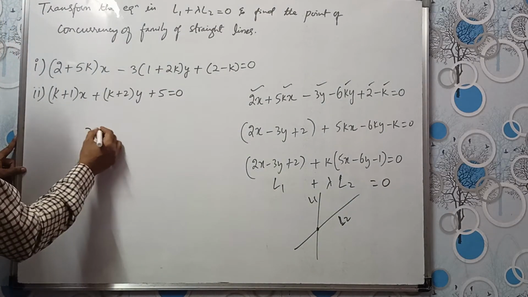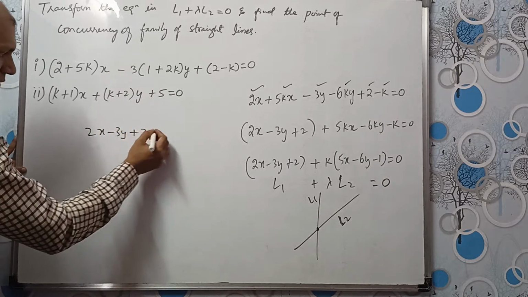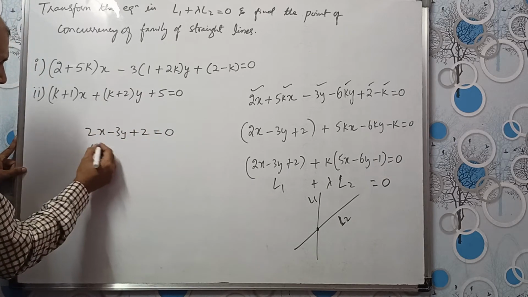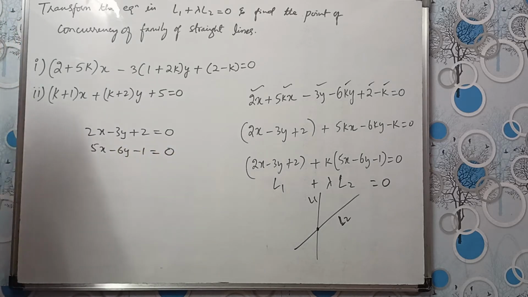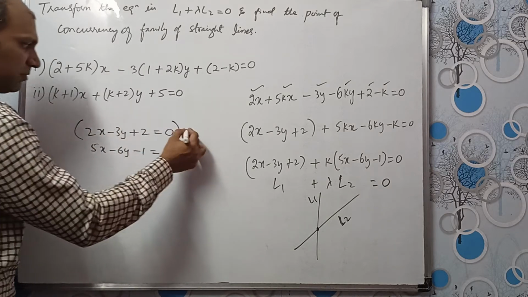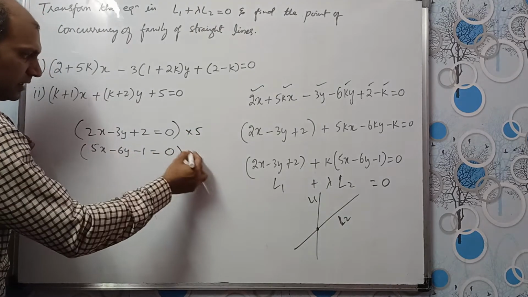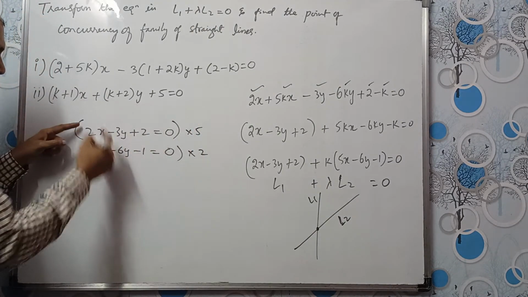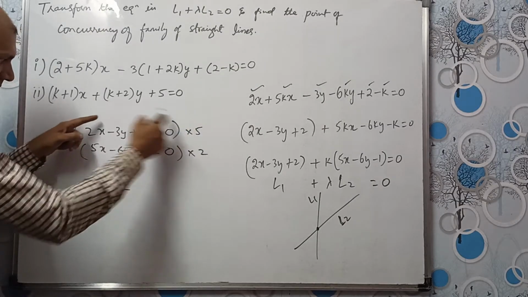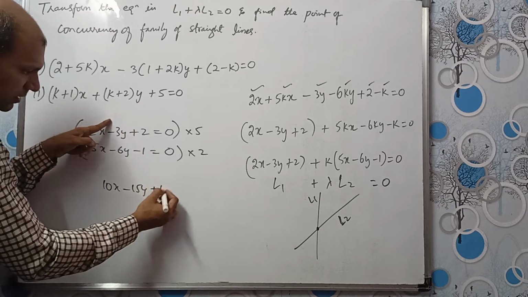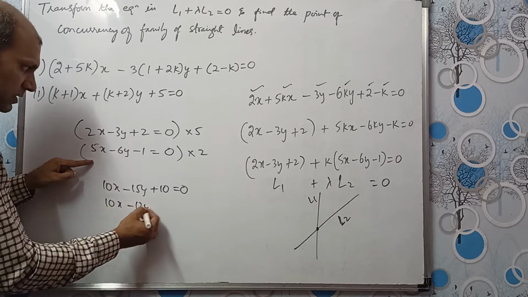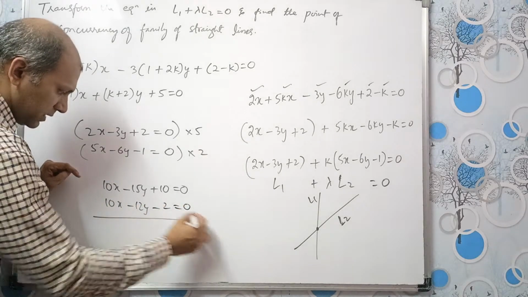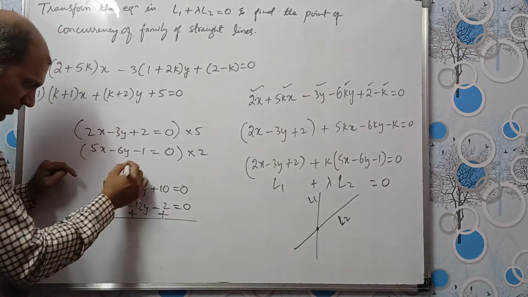So what is L1? 2x minus 3y plus 2 equal to 0 and 5x minus 6y minus 1 equal to 0. Let us use the elimination method. Let us multiply this equation with 5 and this equation with 2. 5 2s are 10, right? So this is 10x minus 15y plus 10 is equal to 0, and this is 10x minus 12y minus 2 is equal to 0. So change the signs when we subtract.